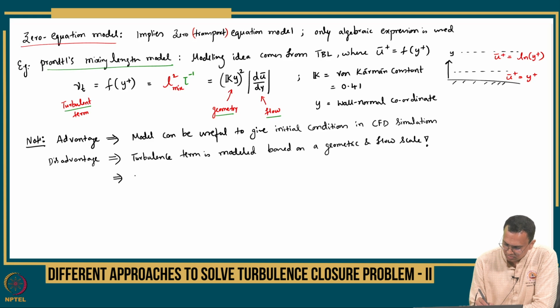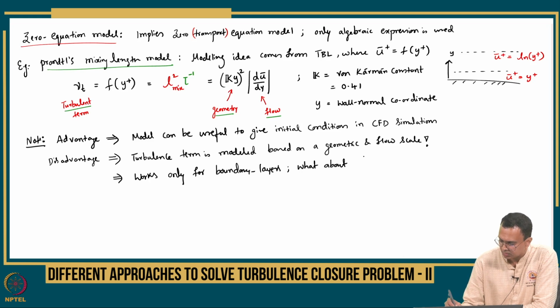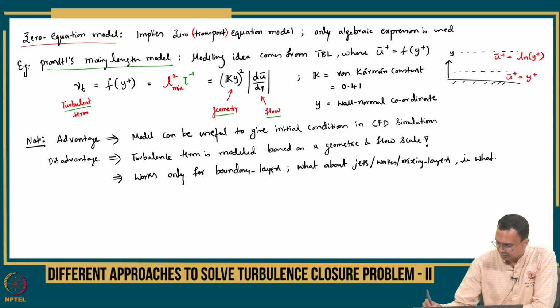So it works only for boundary layers. So what about jets, wakes, mixing layers, plumes, all these things? What is y in those flows?